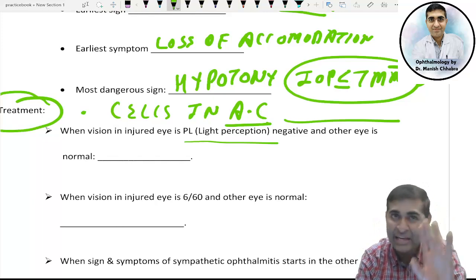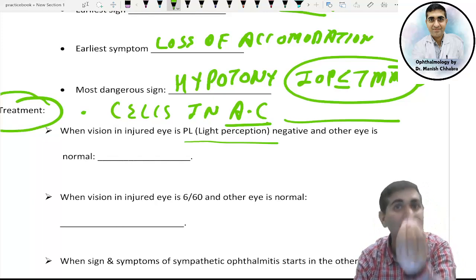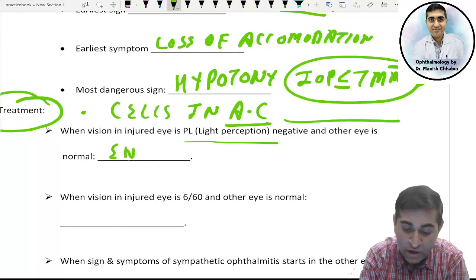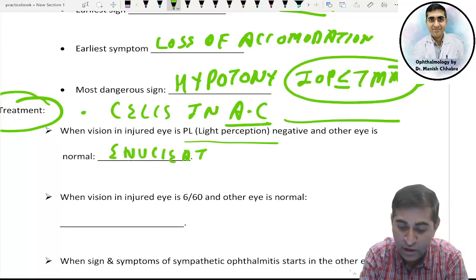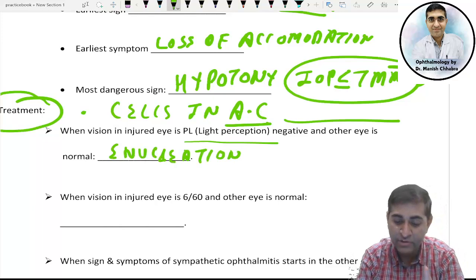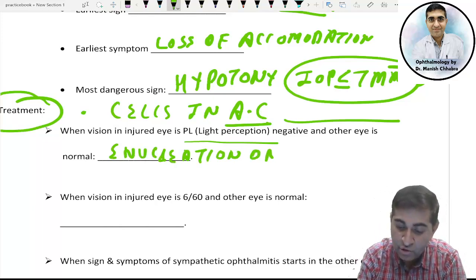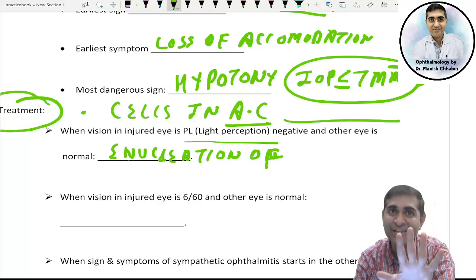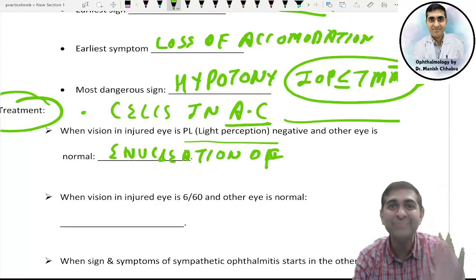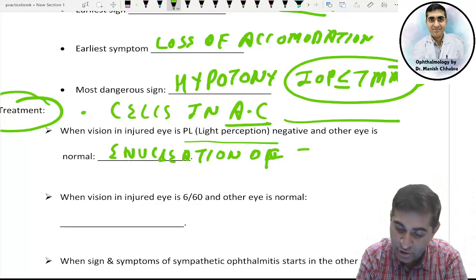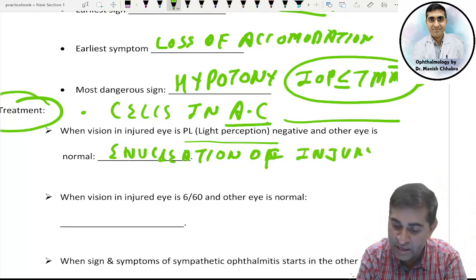So in that case, you will not take the risk, although it is minimal. You will go for removal of the damaged eye, the eye which has got injury, which is PL negative: enucleation. Don't go for enucleation of the sound eye, otherwise you will make the patient go blind. Enucleation of the injured eye. Yes.